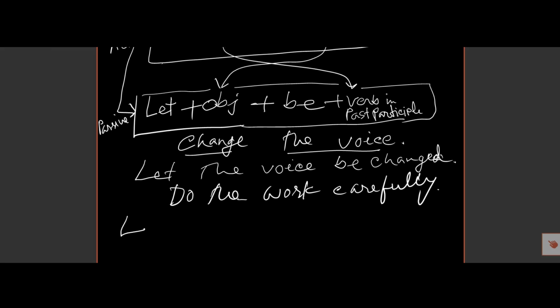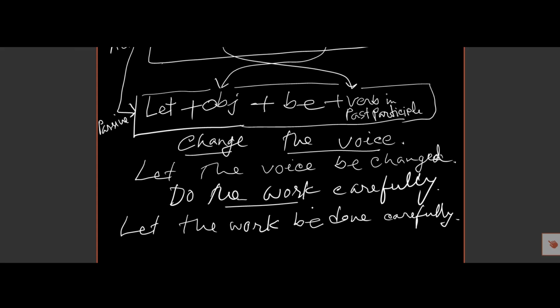So we must begin with let, then the work is object. The work will be here as object. Let the work, and after the object, we must put here be, and the verb do will be in the past participle form, done carefully. Do the work carefully. Let the work be done carefully.